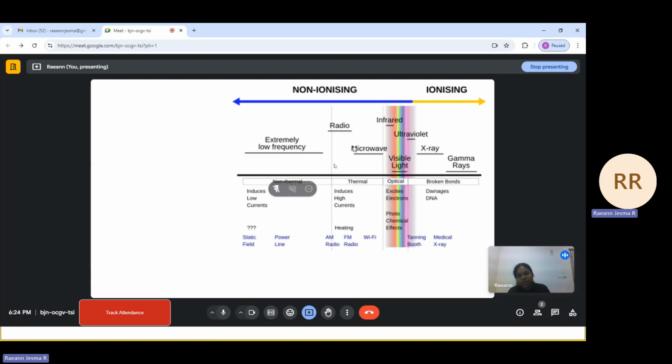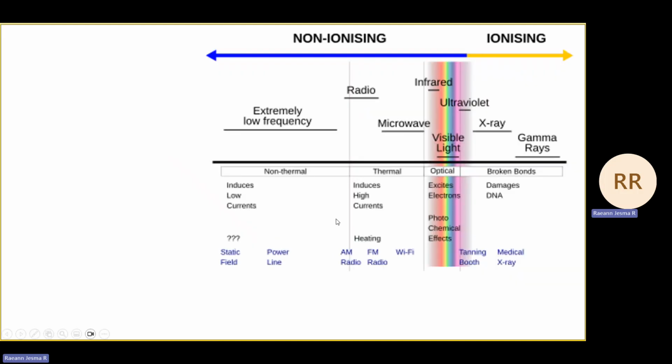But compared to radio waves, microwaves have higher energy, which means they can supply very high energy. So we are using radio waves only.